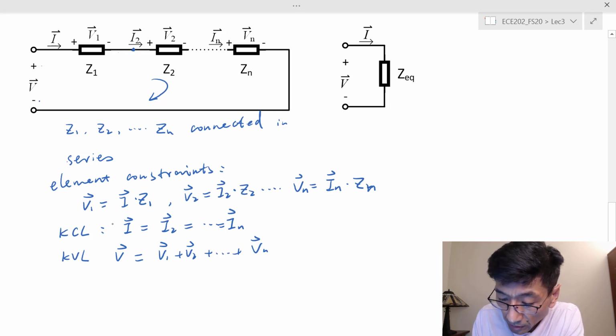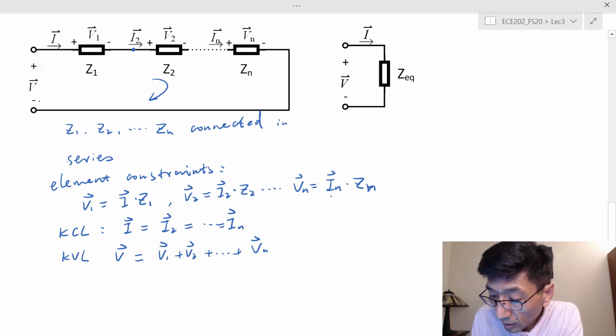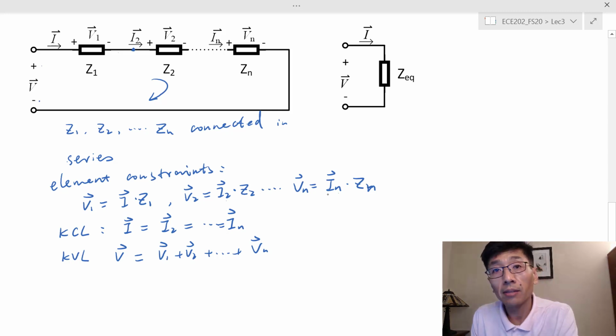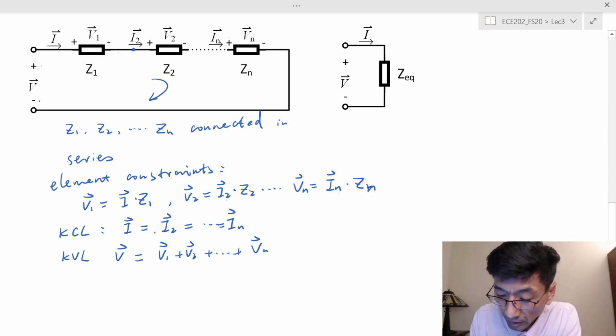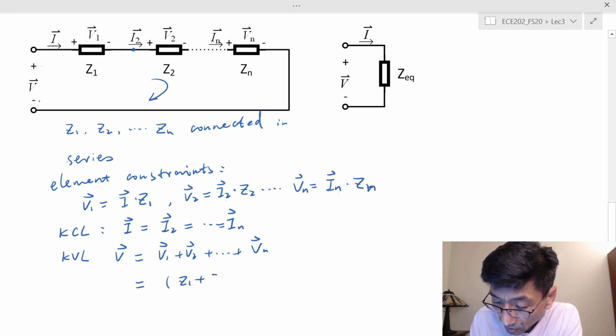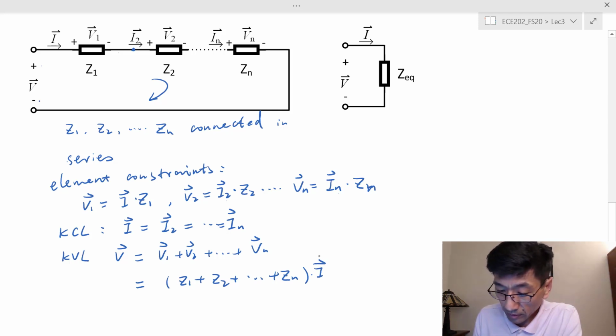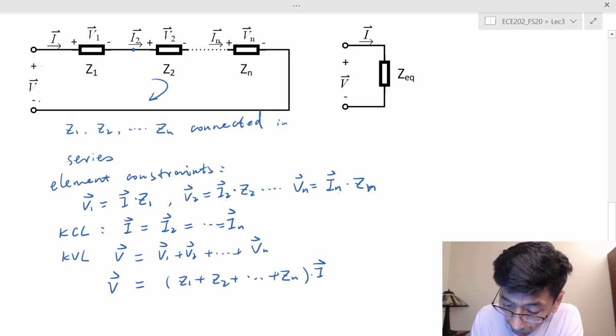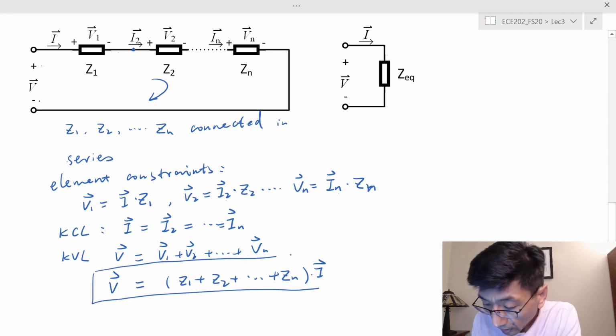If we substitute, replacing I sub 2 all the way to I sub n by I because of the KCL, and then collect the terms, this will give us Z1 plus Z2 plus and so on plus Z sub n, times I.